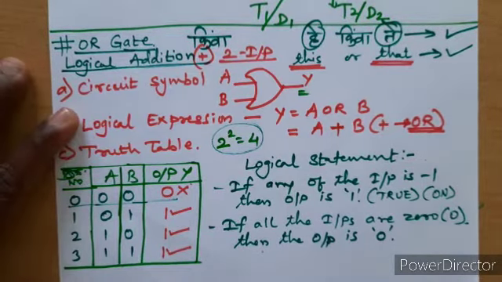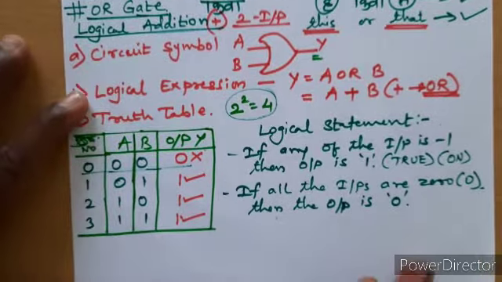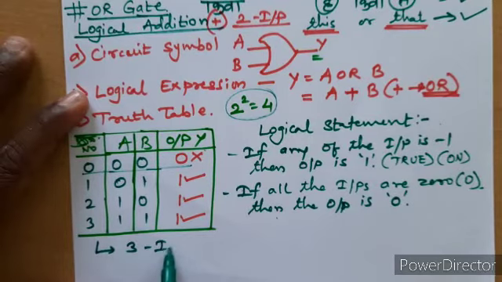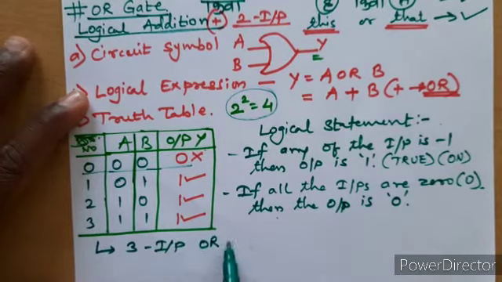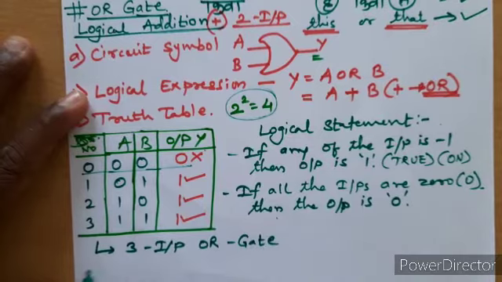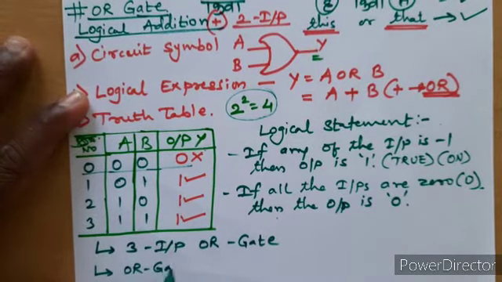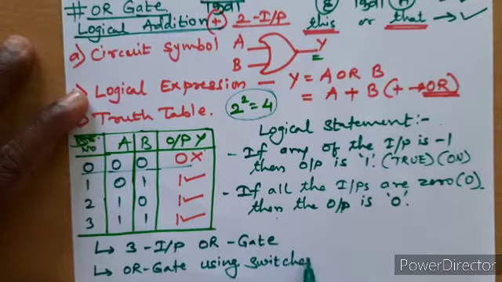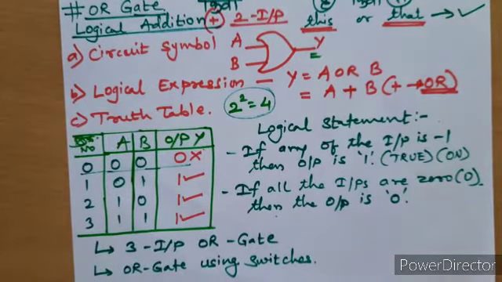Okay, now I leave you this assignment. Try the 3 input OR gate and the OR gate using switches, right?